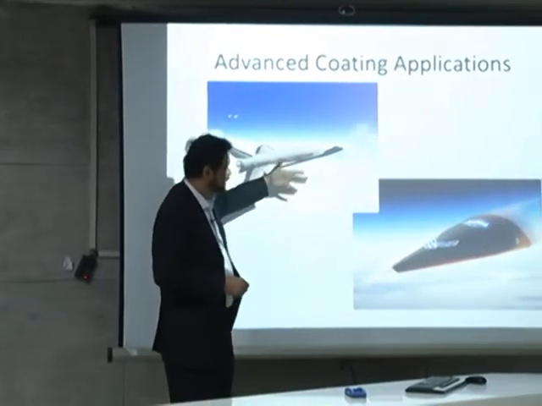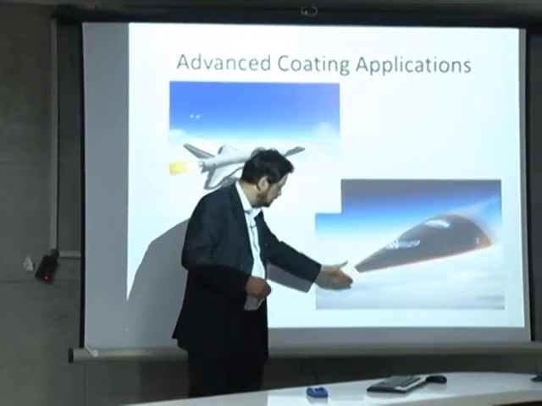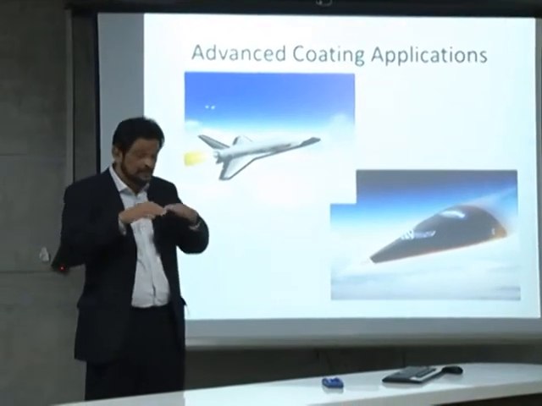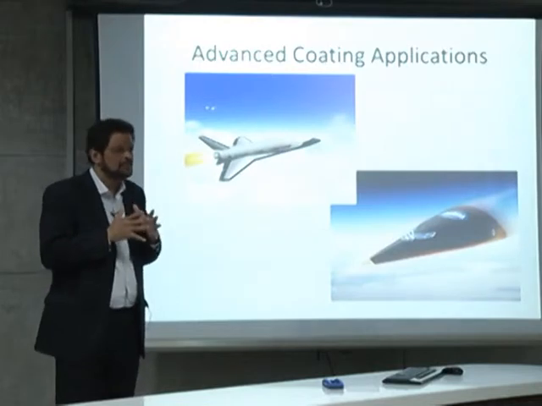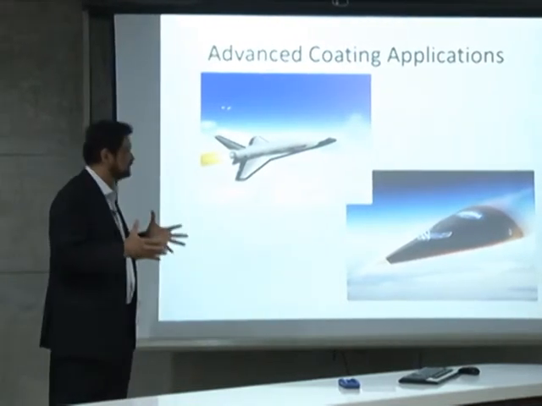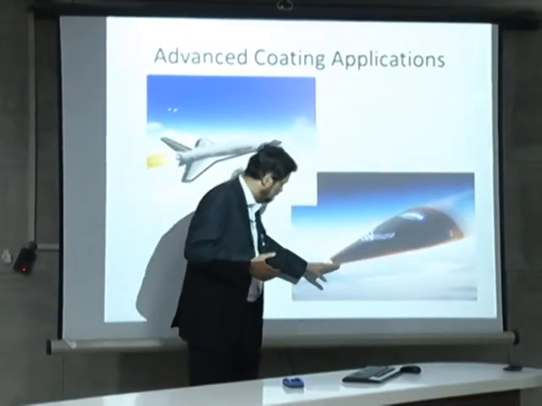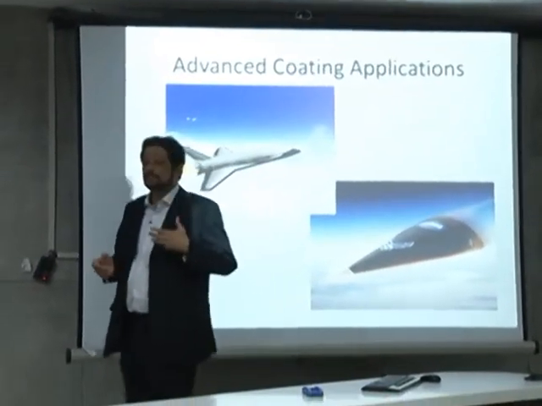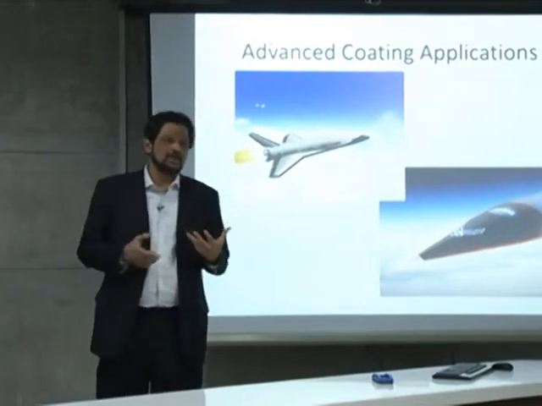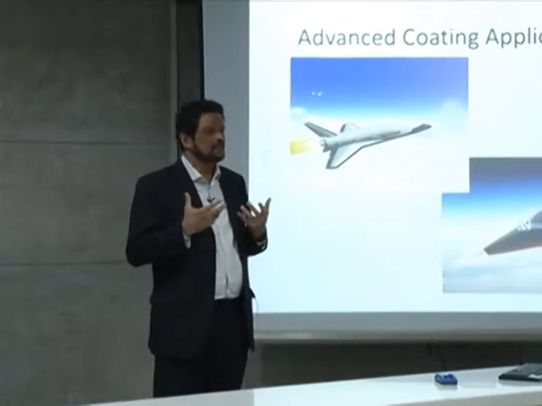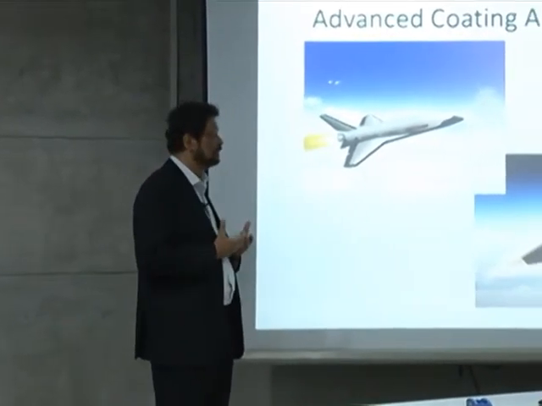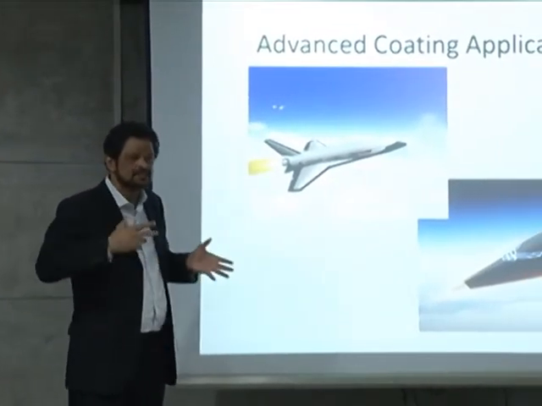And when a hypersonic vehicle enters the Earth's atmosphere, or when it leaves the Earth's atmosphere, because of the friction, there is a very large amount of heat that is generated by friction on the surface. It is shown in red here. And that type of heat generated, which causes high temperature, there are not too many materials out there which can easily withstand that.